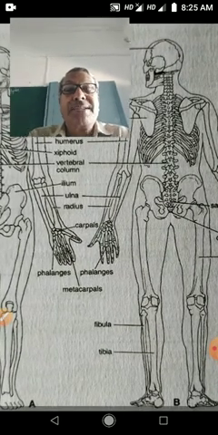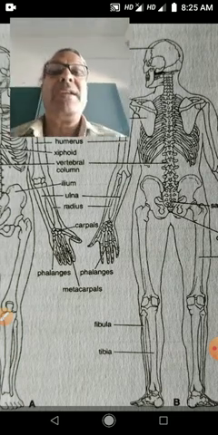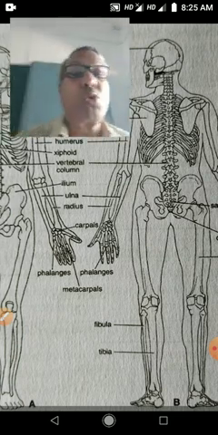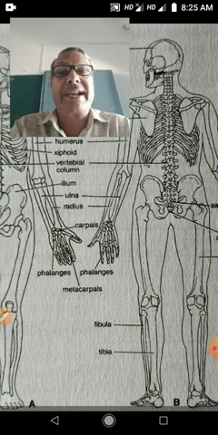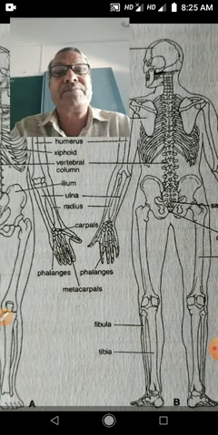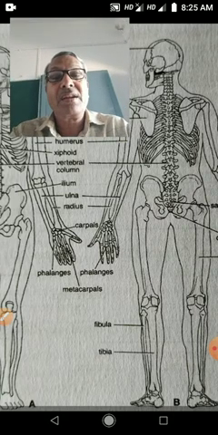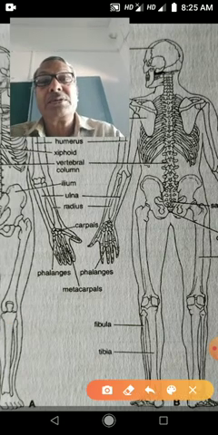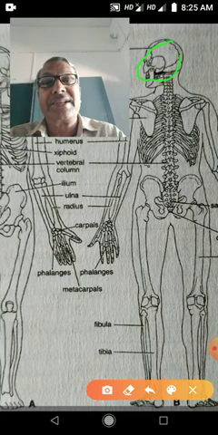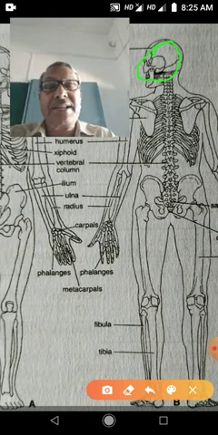I told you the human skeleton consists of 206 bones, and it is divided into two parts. First is the axial skeleton and second is the appendicular skeleton. In the axial skeleton comes the skull. The skull is made up of 22 bones. So this portion is the skull. There are two parts of the skull.